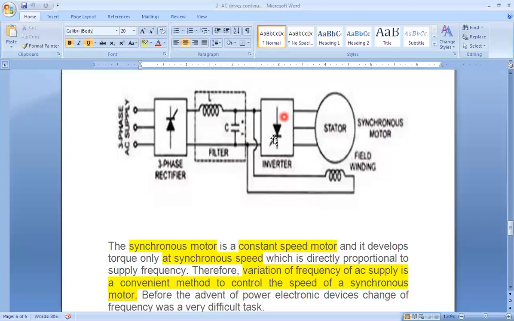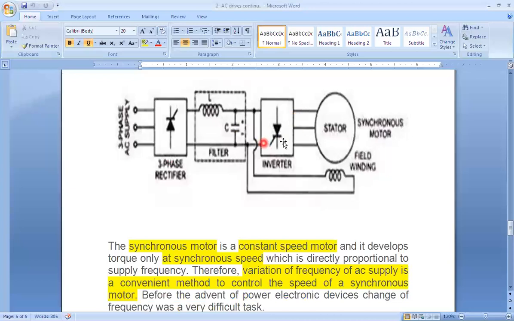By providing the proper switching pulses to the thyristors, we will get variable frequency. By controlling the on and off time of the devices used in this inverter, we get the variable frequency. So using the phase control rectifier, we get the variable AC voltage, and using this inverter, we get the variable frequency.